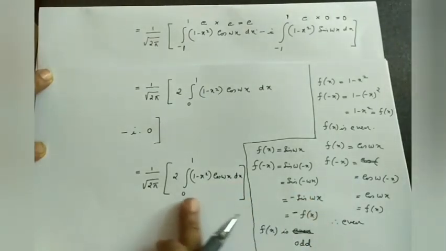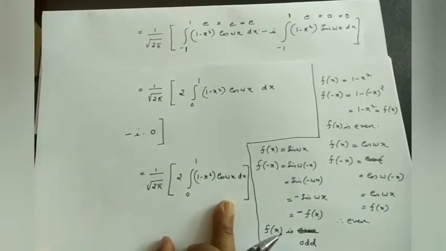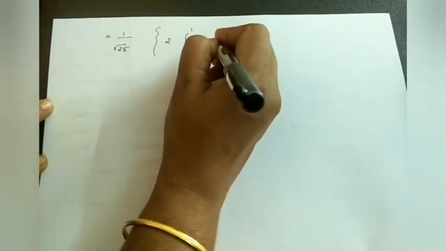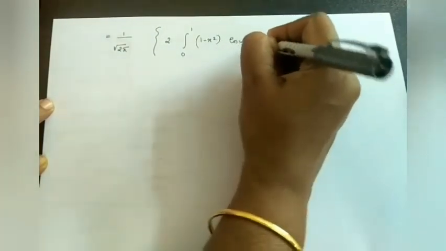We have to integrate this term only. Rewriting the term, that is 1 by root 2 pi, 2 into 0 to 1 of 1 minus x square cos omega x dx.